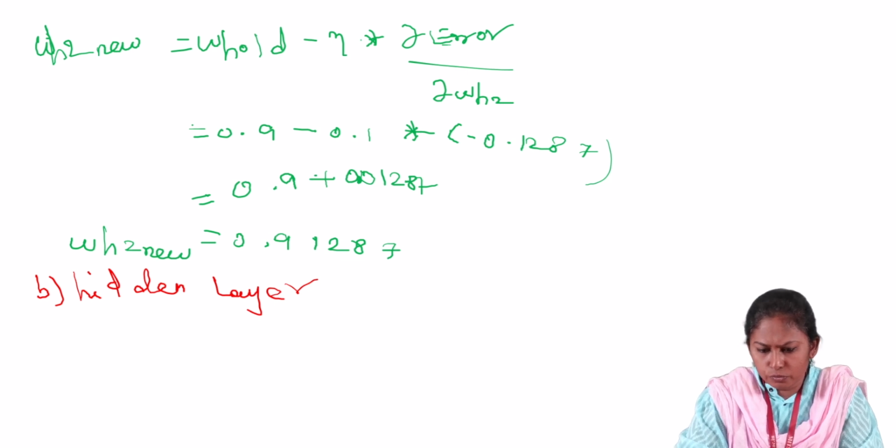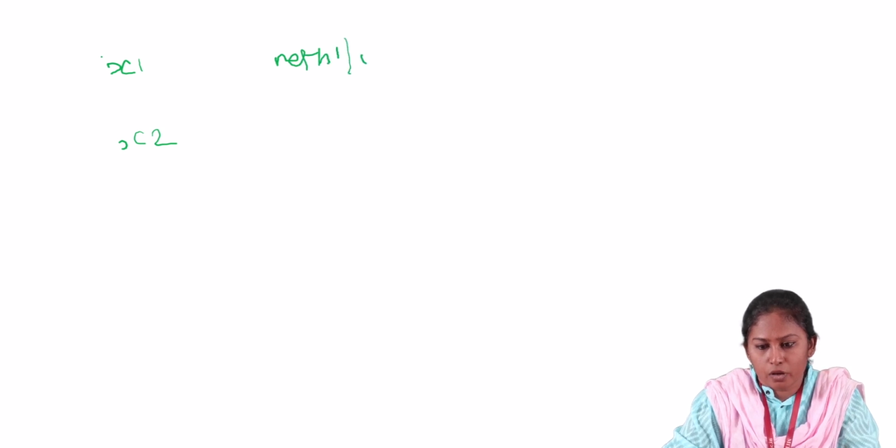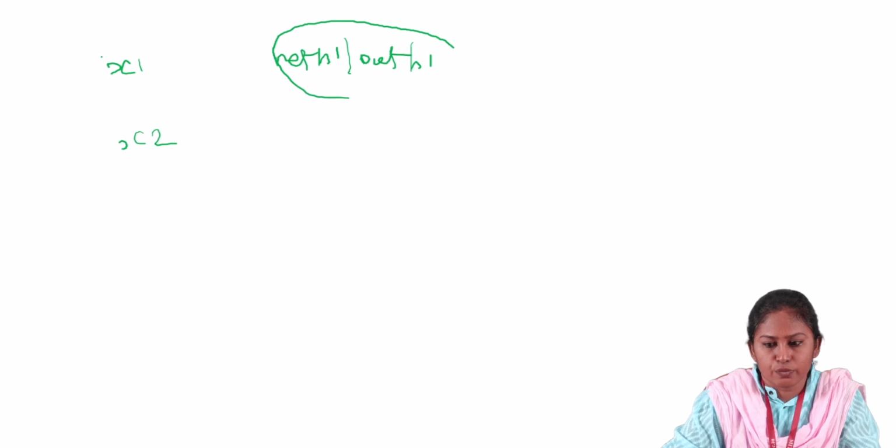So to start with the hidden layer, let me redraw this diagram. With x1, x2 we started, no need to worry about that. But when we applied the activation function, this net h1 and out h1, the neuron changed in this way, right?